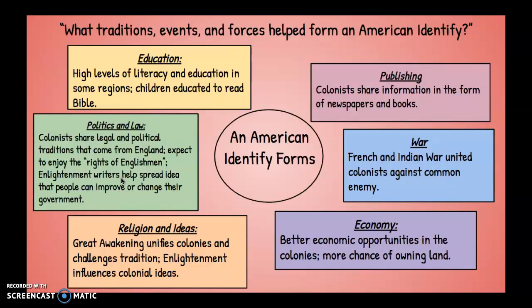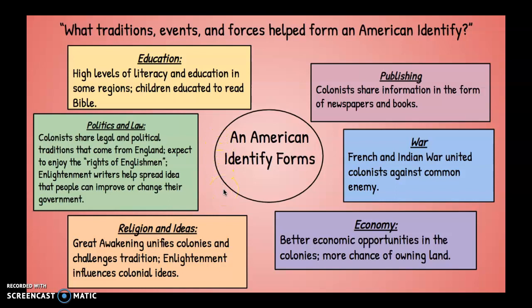This, I believe, is our last slide. Yep, it is. This question of what traditions, events, and forces helped form our American identity. So in the middle here, it has a circle. It says, how is our American identity forming? Each of these boxes show a different element of how our identity was shaped.